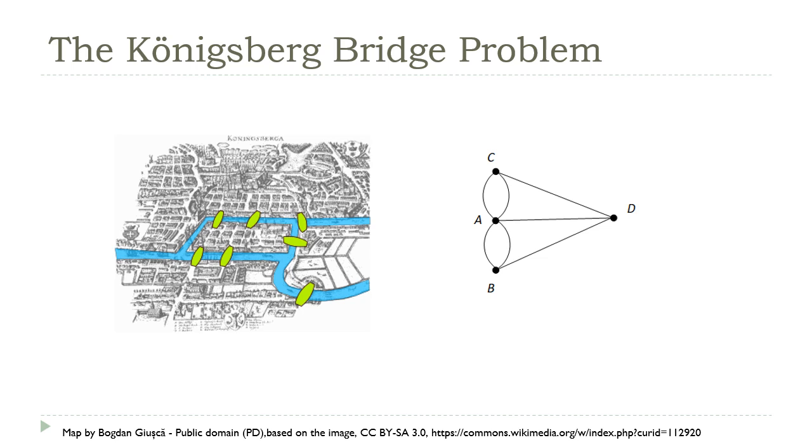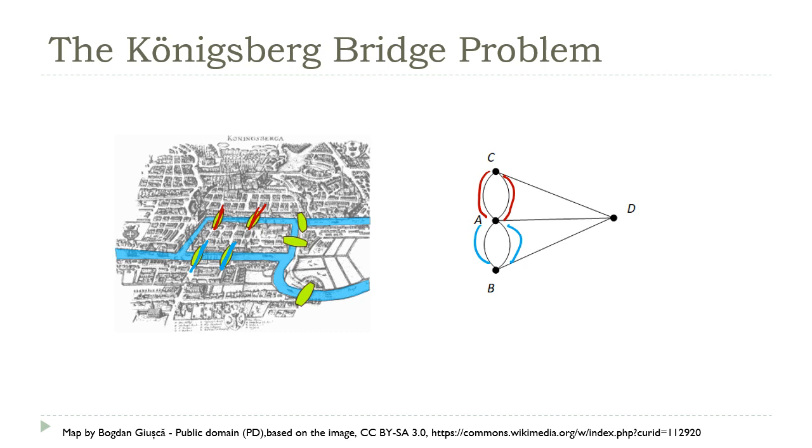Hopefully that's familiar, right? That is the kind of graph that we were talking about in the previous lectures. You see, the edges here are the bridges. For example, these two edges would be these two bridges. These two edges down here would be these two. And the vertices are the land.